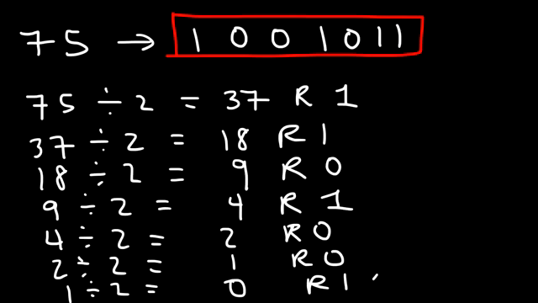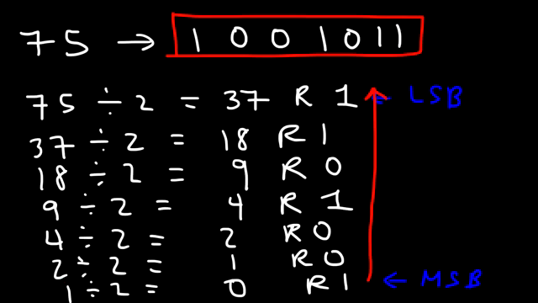So at the bottom, you have the MSB, or the most significant bit. At the top, you have the LSB, or the least significant bit. Now, the way you read it is from the most significant bit to the least significant bit. So basically, from the bottom to the top.